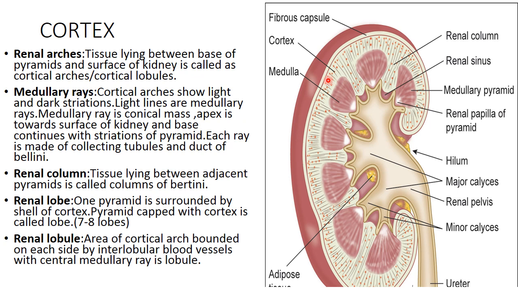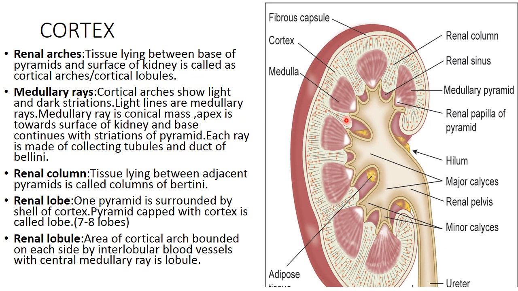The cortical arch shows light and dark striations. The light lines are known as medullary rays. These are again triangular. Their apex is towards the surface of the kidney and their base continues with the striations of the pyramid. And each medullary ray is made up of collecting tubules and ducts of Bellini.